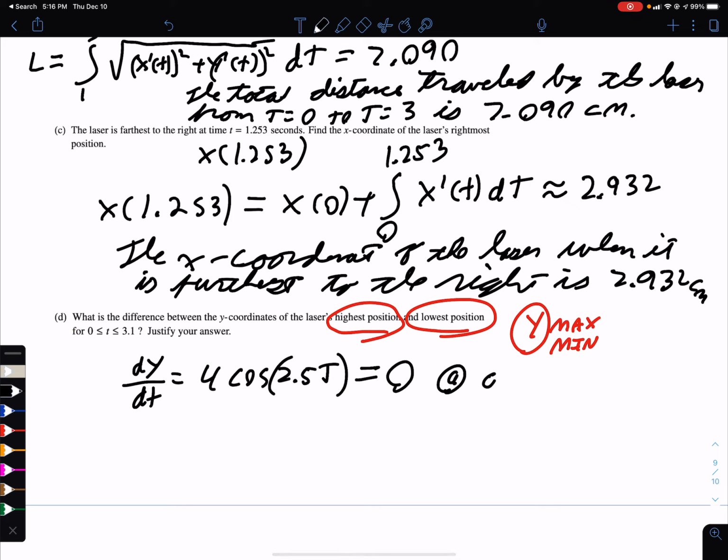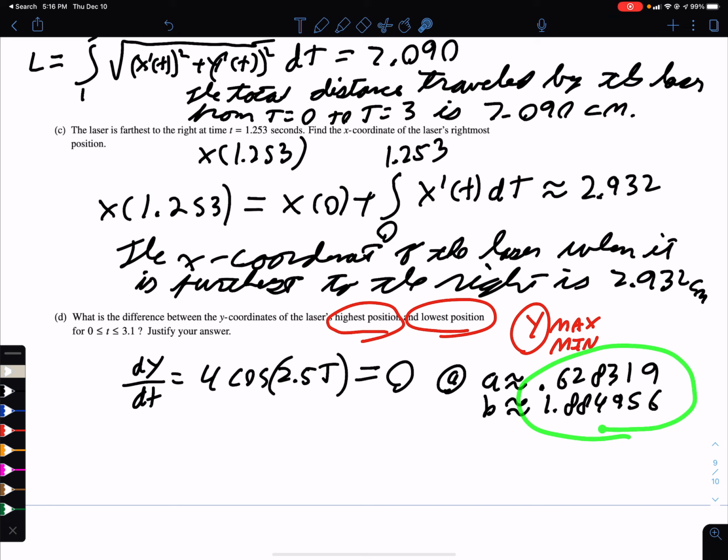And so I'm going to say that it happens at a equals, and on your calculator, you should find it happens at 0.628319, and b equals 1.884956. So these are the two places where this is true, and I find that on the calculator. All right, both of those are between 0 and 3.1, so we're mucho bueno.